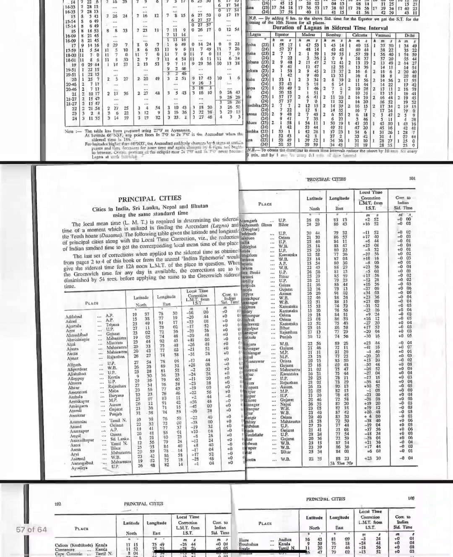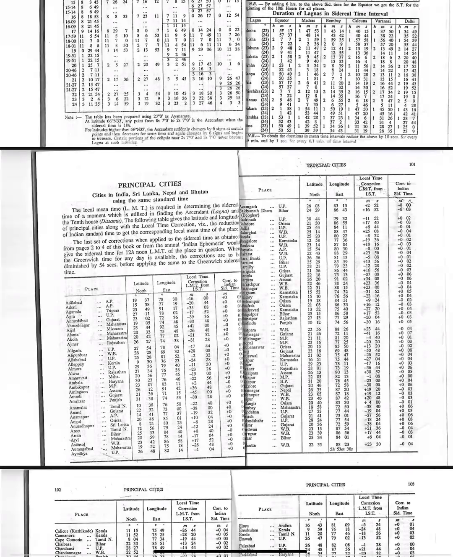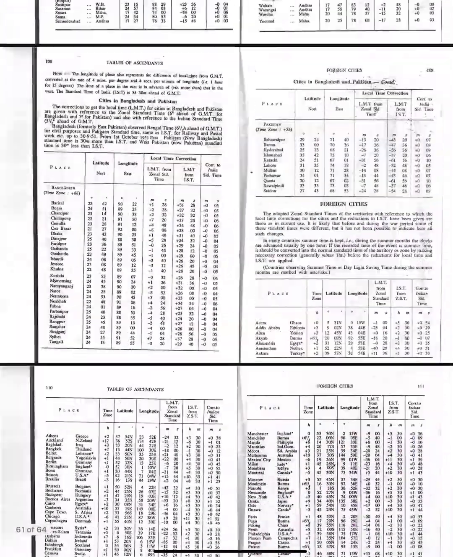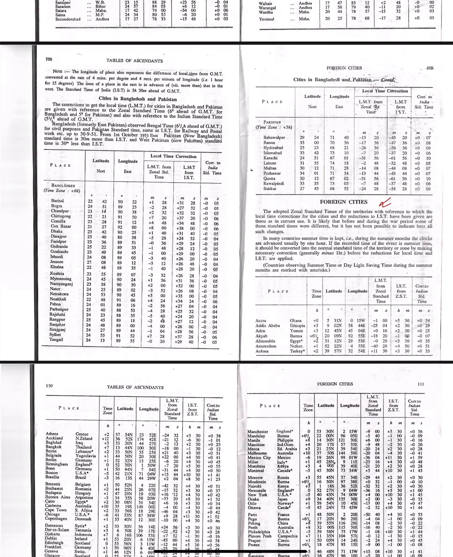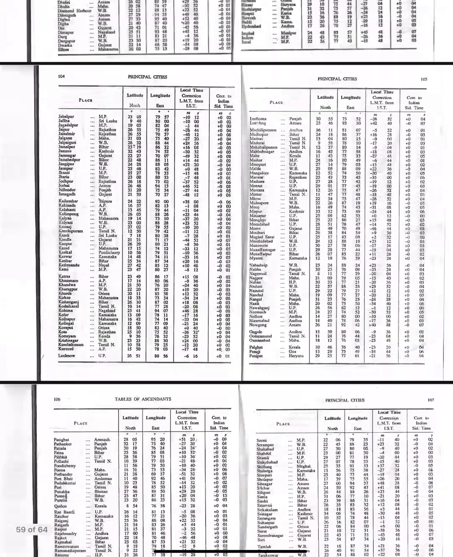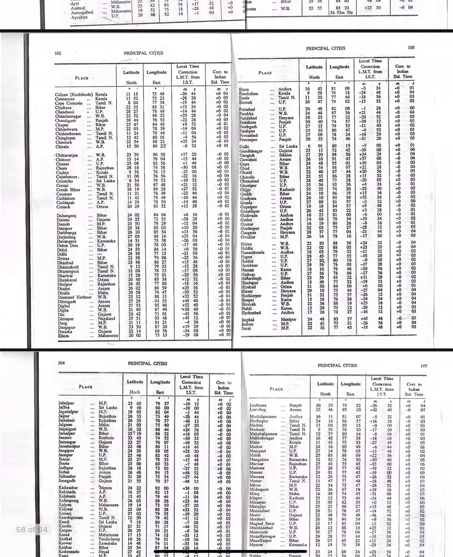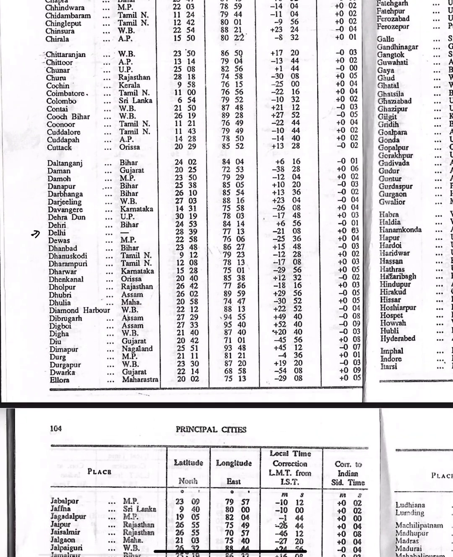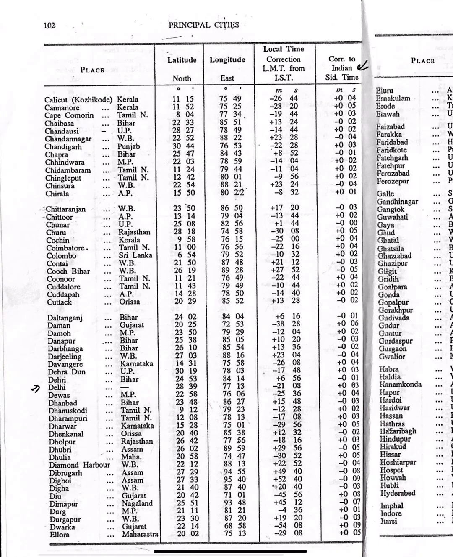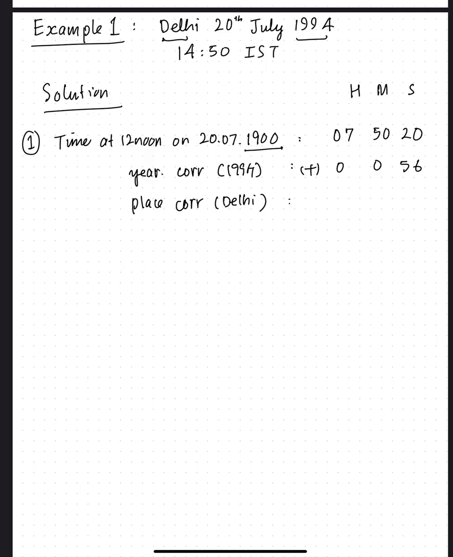We have it for the principal cities in India, Sri Lanka, Nepal, Bhutan, and also for the foreign cities here. So let's go back. Delhi is here. This is the correction to IST. If we follow it along, we get plus 0:03 as was in table 3. So again, we add 0 hours, 0 minutes, and 3 seconds.